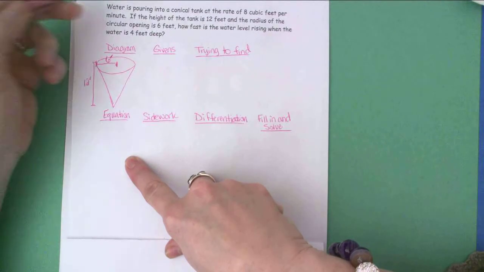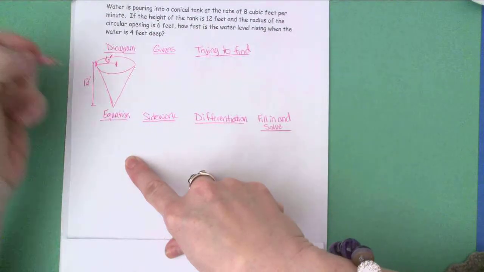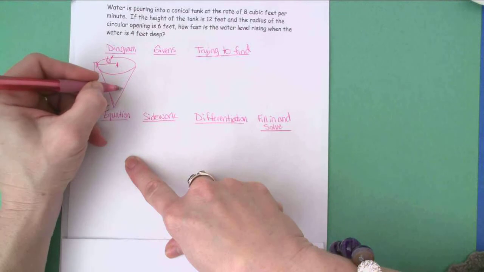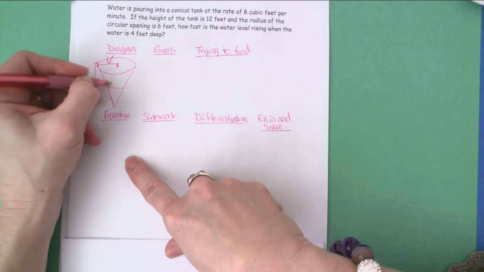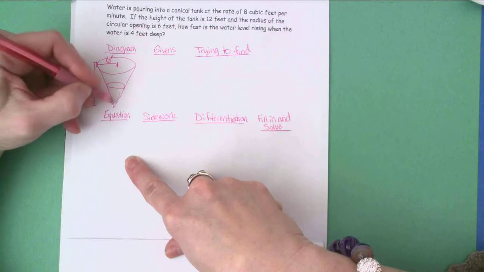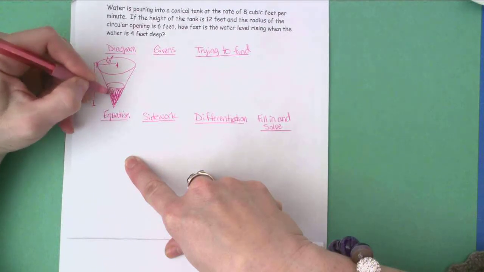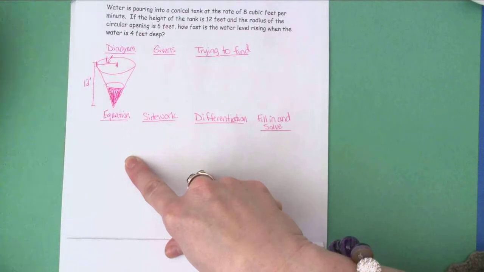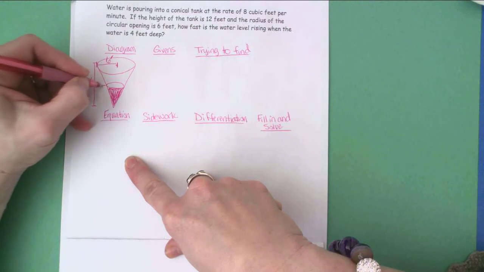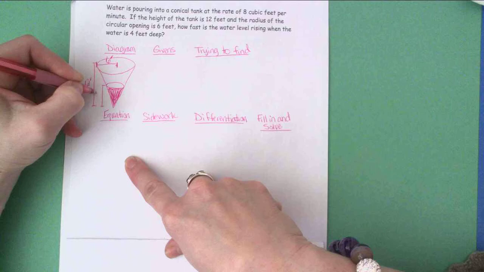And the water is pouring into this tank. So I'm also going to draw a generic water level because there is going to be water in here. And that water is also going to have a height that's changing.